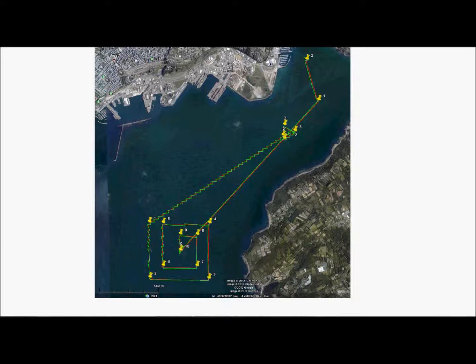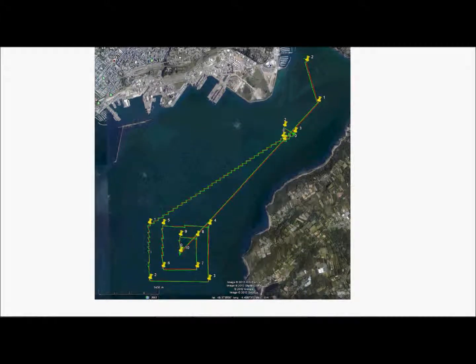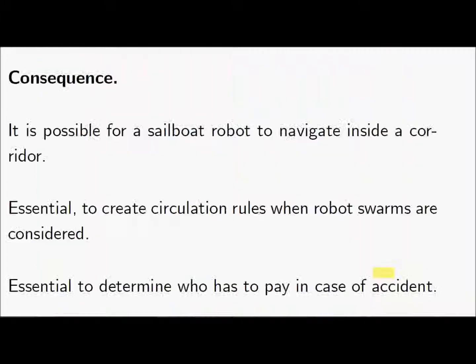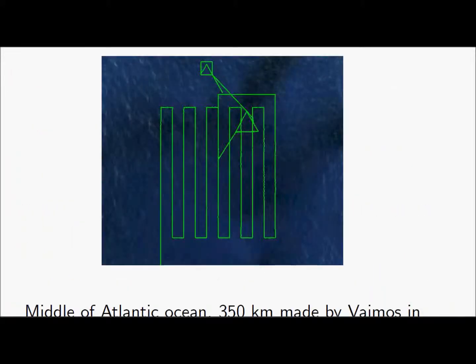Okay, so now on the last picture, we can see a trajectory, and I will show a video of Vaimos later associated to this mission. It was in the middle of the Atlantic.